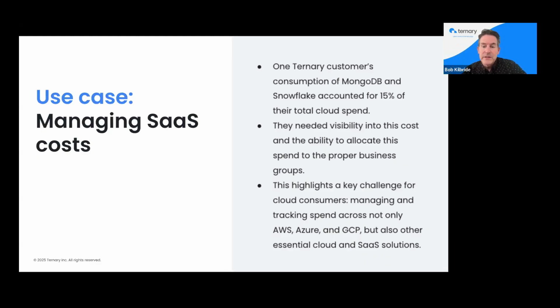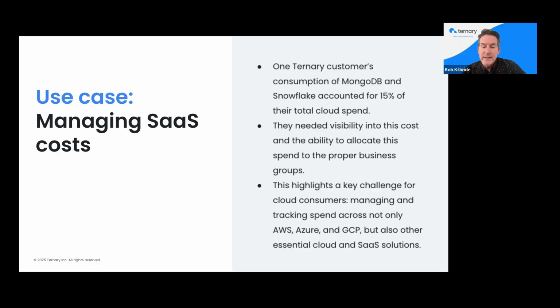What they need to do is provide not only the visibility, but make sure that the costs are allocated to the proper business group. They want to ensure that each business group is seeing exactly what they're consuming from these particular solutions.